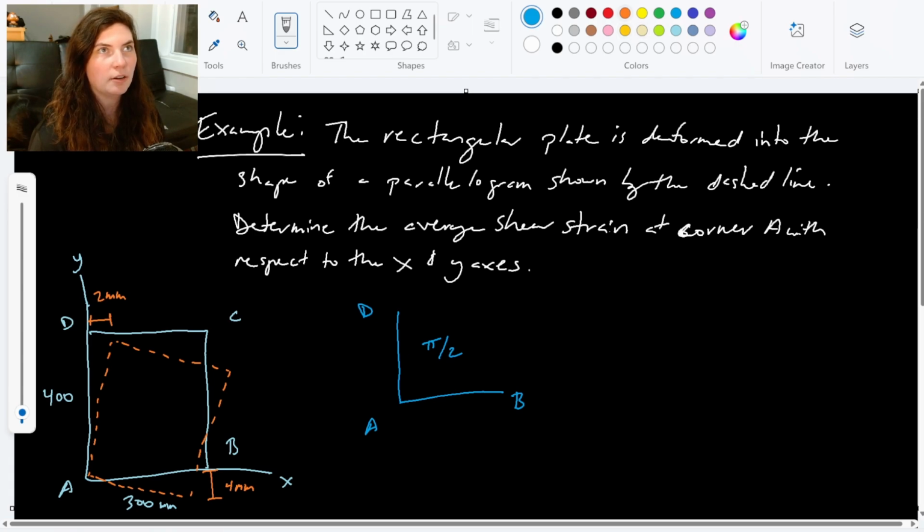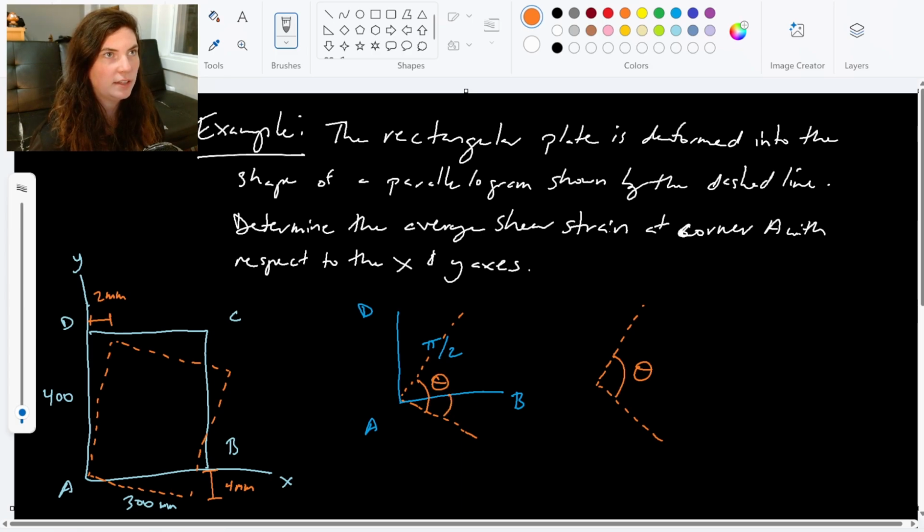But this parallelogram causes this deformation, right? So now we have this new angle theta. And if we overlap these as they're drawn here, to find this angle theta, we're going to have to find a couple of other angles first, right?